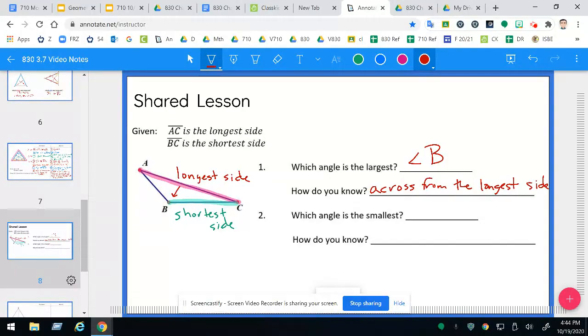All right, so carrying that logic forward, the angle that's the smallest, it would only make sense if that angle were across from the shortest side. So let's go across from the shortest side, and that looks like it's going to be angle A. And again, the reason, how do we know? It is across from the shortest side. All right. That may make intuitive sense to you.